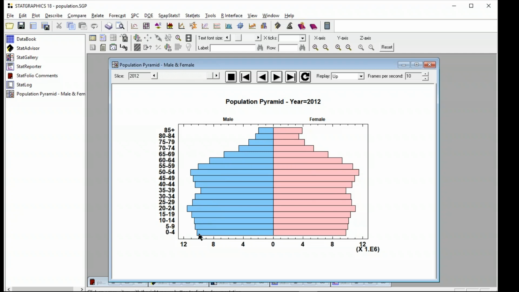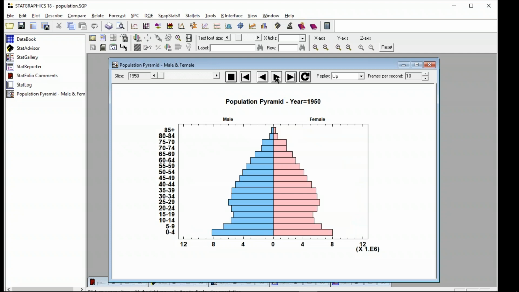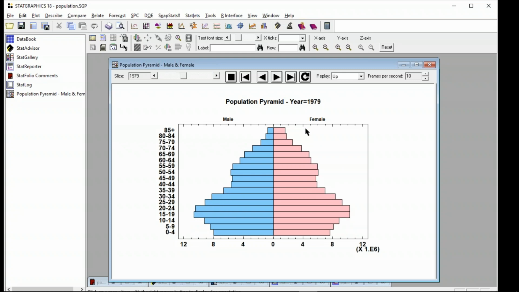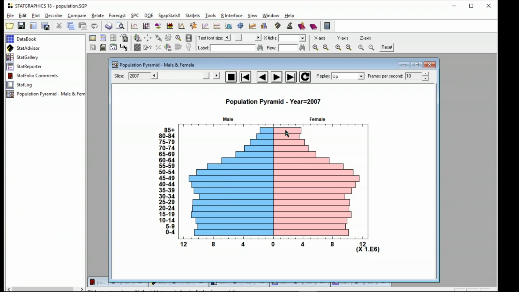You see the distribution of the population over age categories leveling off, becoming much more uniform. And you'll also notice a large increase in the number of people 85 and above.